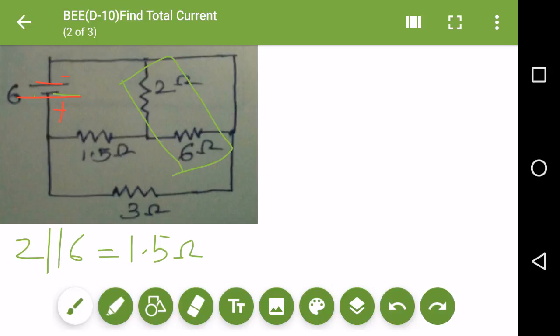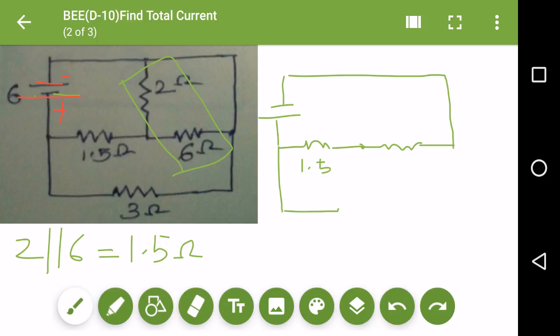When these two resistances combine, the resultant resistance will be 1.5 ohm, and I will redraw my circuit to show the 1.5 ohm resistance. So this is my battery, negative, positive, and here's one resistance, and there's a point, a node, and another resistance which I just combined and formed. This is the 1.5 ohm resistance.